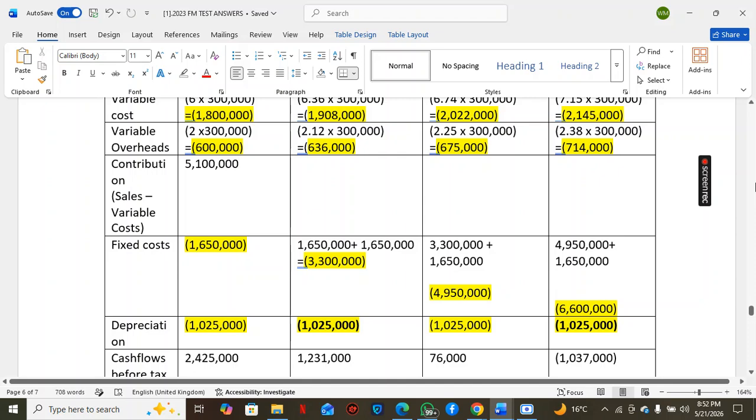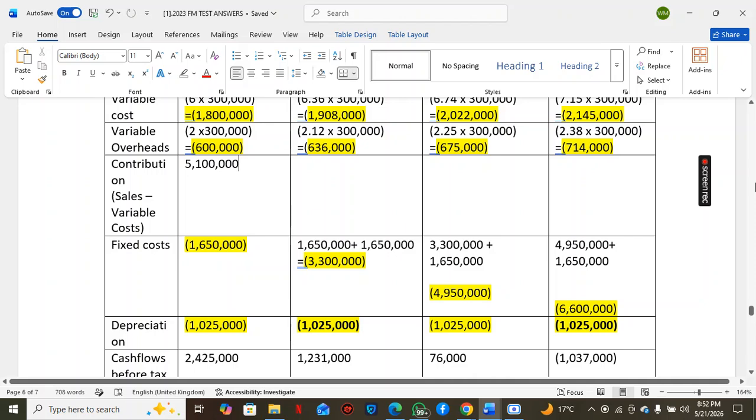That scrap value will be added to the cash inflows of year four. That's all they're saying there. Yes, it will need to be included in that year four figure.